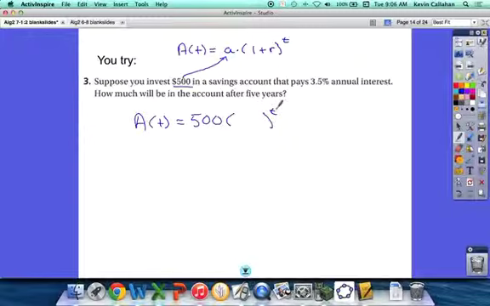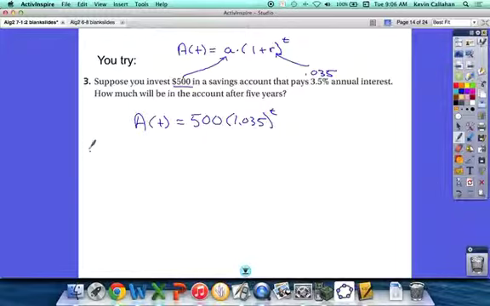Well, if the percent increases 3.5%, then it's going to be 1 plus 0.035, right? That's what the R is. So 1.035 increase. So that's the function.